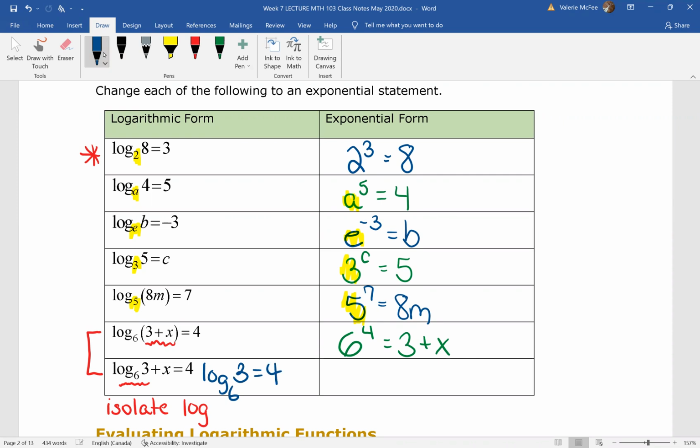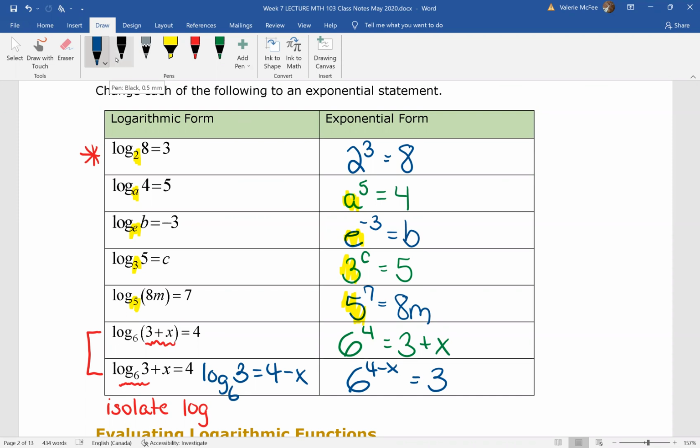Subtract x from both sides. Now we can change it to exponential form. The bases are the same. The answer to a log, 4 minus x, is the exponent, equals 3. I want you to really take a close look at those last 2 because that's a common place for errors, not paying attention to when there are brackets or when there are not brackets.